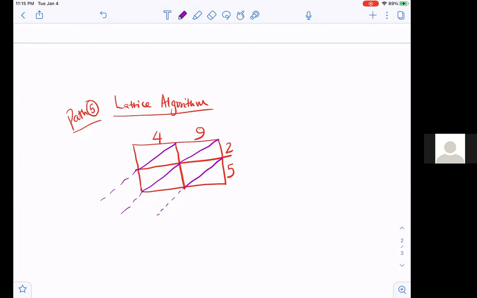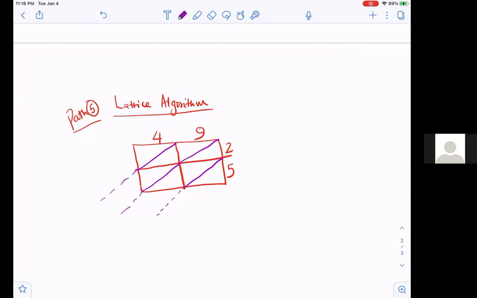So every time we multiply the corresponding digits for the row and for the column, like in this case 9 times 2 is supposed to be 18, 1 ten, 8 ones. We always show the digit at the lower place value on the lower side of this diagonal, and the digit at the higher place value on the upper side of this diagonal.